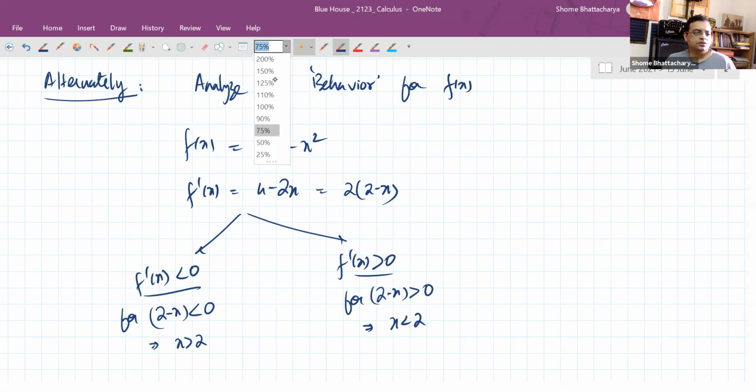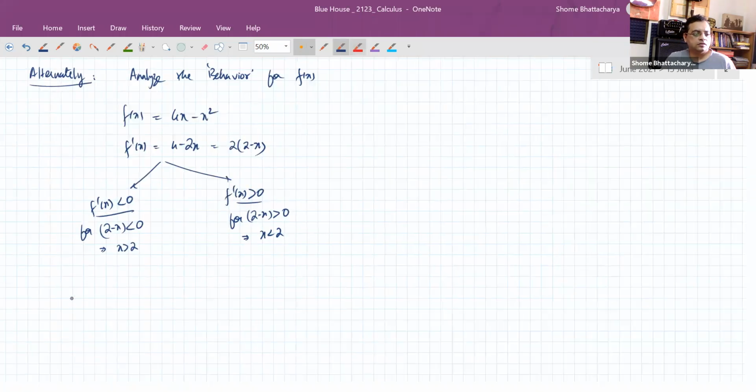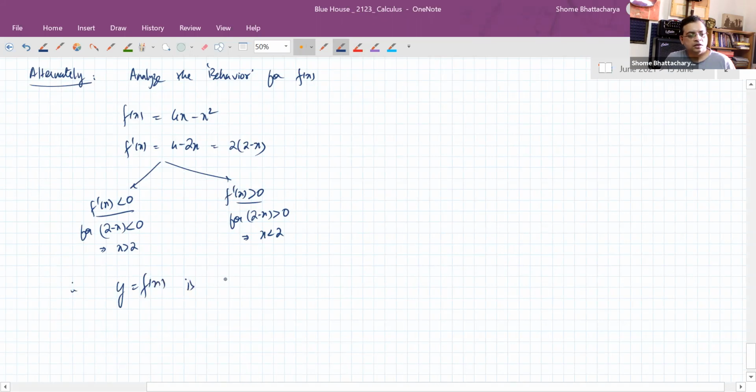So this analysis was telling us that therefore this function is increasing for x belonging to minus infinity to 2, and then decreasing for x belonging to 2 to infinity.